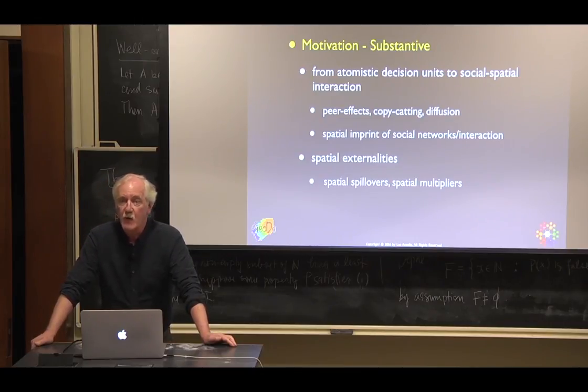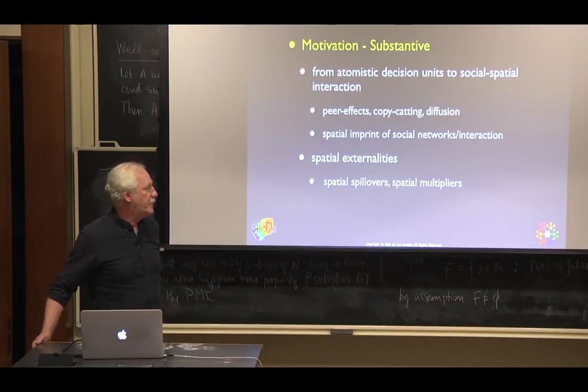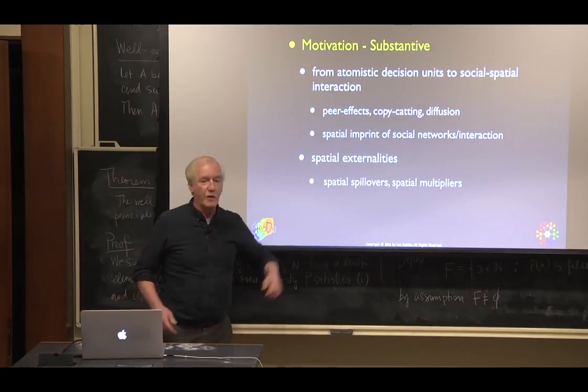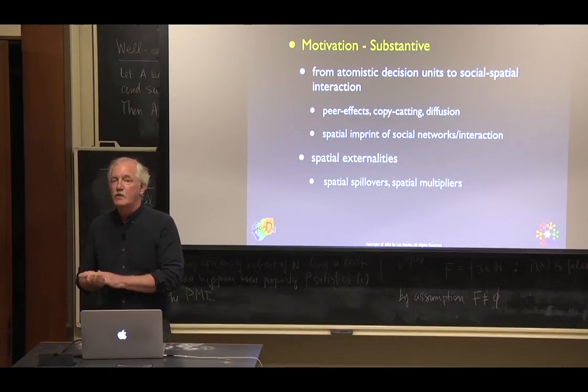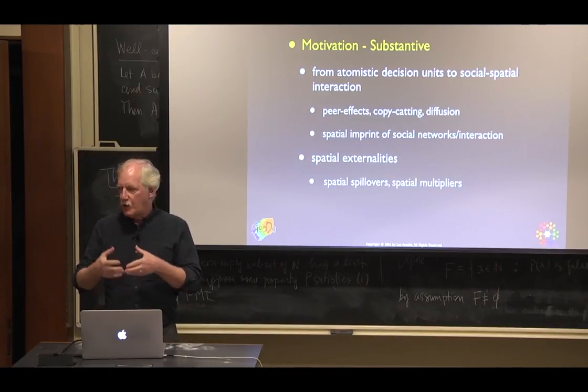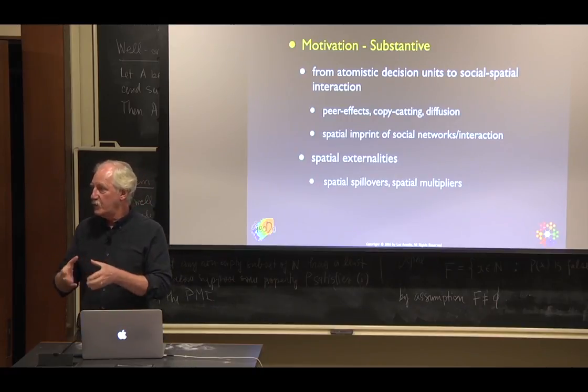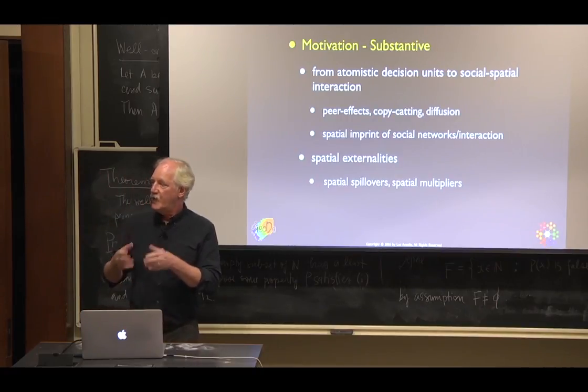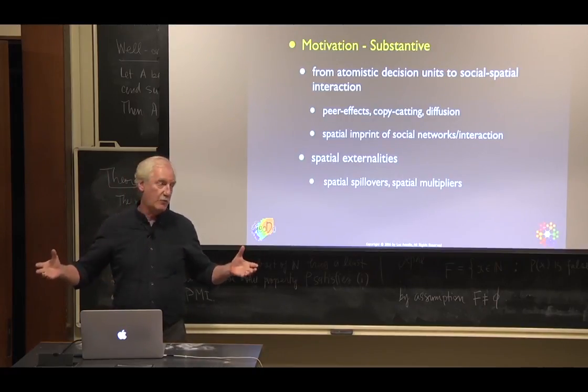Very important in economics, spatial externalities, the fact that the activities at one location affect the profits or the costs of activities at other locations, and how do you take that into account? A very important concept in that respect is the spatial multiplier, which basically means that if you carry out a policy or an intervention in one particular location, its effects carry over beyond that location.